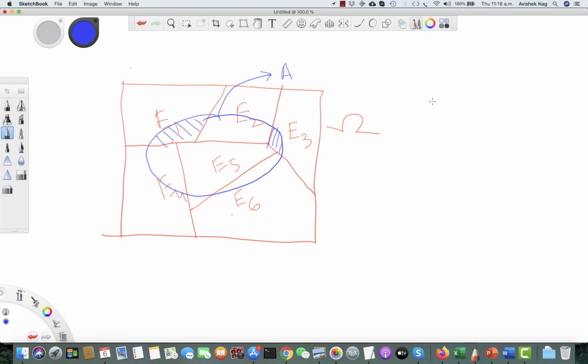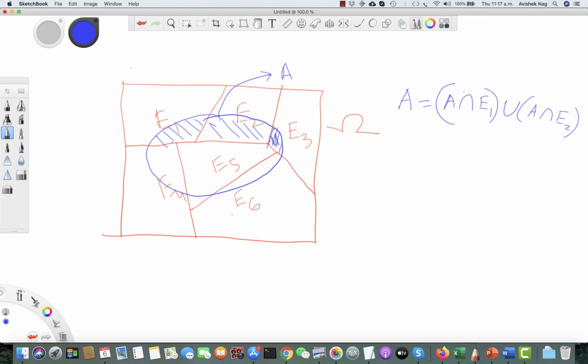So basically the event A is the union of A intersection E1, union A intersection E2. Again, this part is A intersection E2.